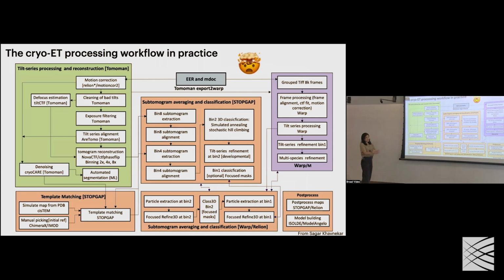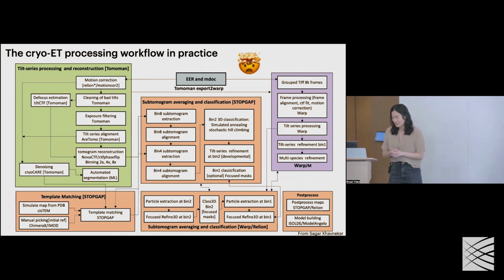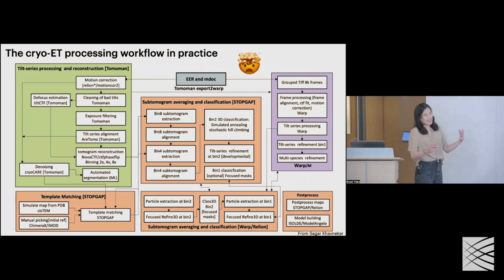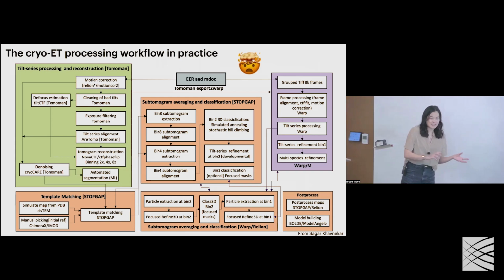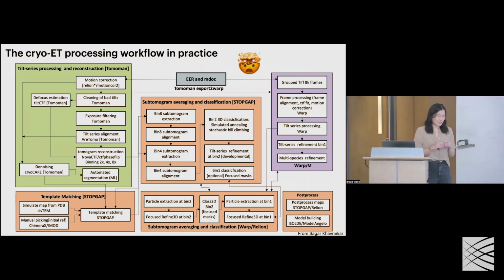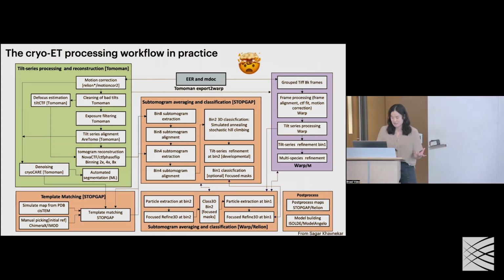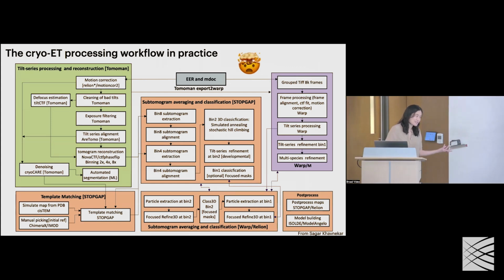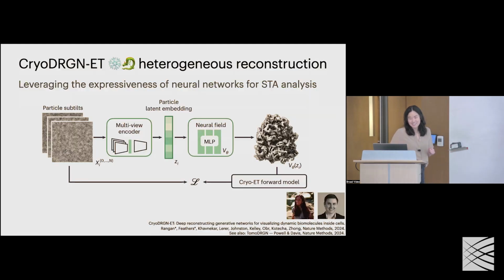You need to align them all in 3D, and how much you move the imaging stage, but obviously you want to re-estimate that. Then you have to pick out the subtomograms, and then there are all these other considerations on whether we take 3D data versus 2D data, and it just becomes a nightmare in practice. It's all academic software as well, so I'll just stop there.